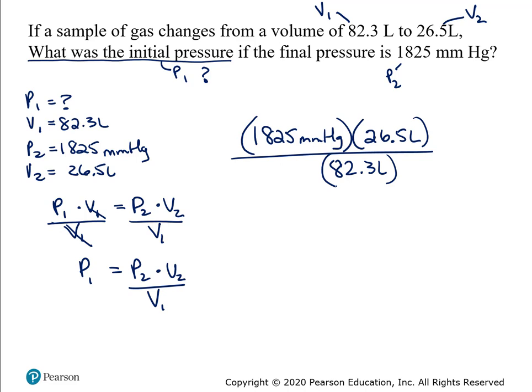Then put it in the calculator: 1,825 times 26.5, and then divide by 82.3. Liters and liters will cancel. My answer's in mmHg, pressure. I got 587.636695 mmHg. Put it in your calculator and tell me if that's what you got.